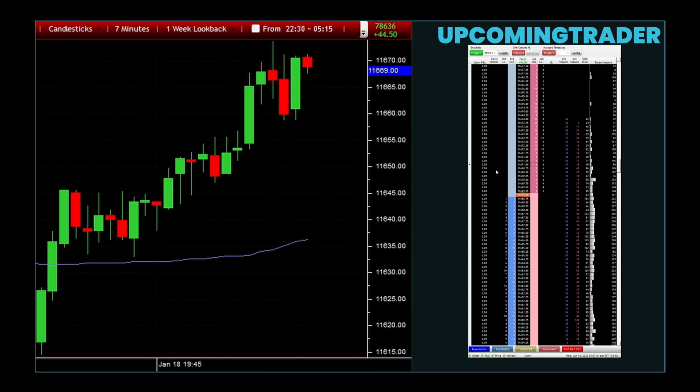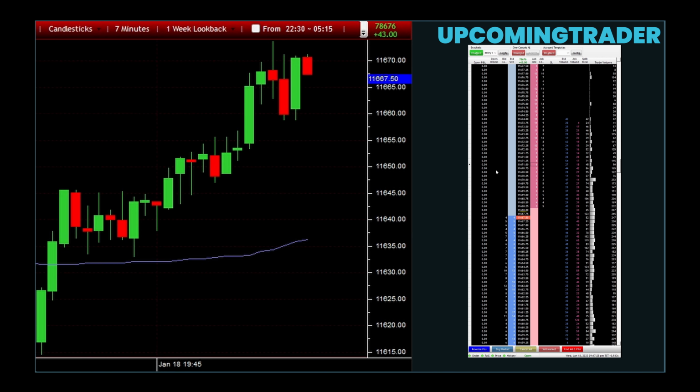For example, if the price breaks away from the POC with strong volume, it could indicate a new trend is forming, providing an entry opportunity. Similarly, if the price returns to test the POC, a successful test could mean a good point to enter a trade in the direction of the trend.